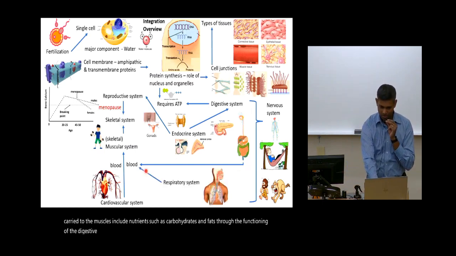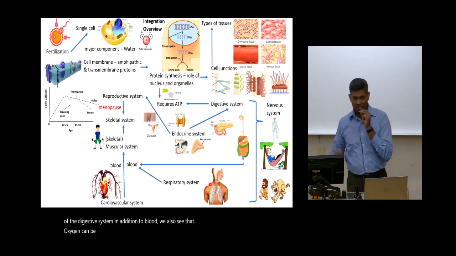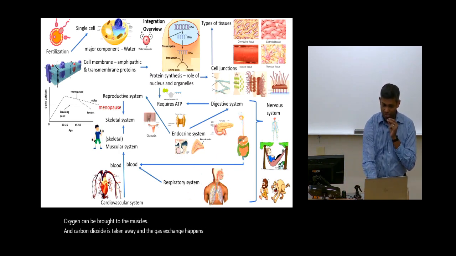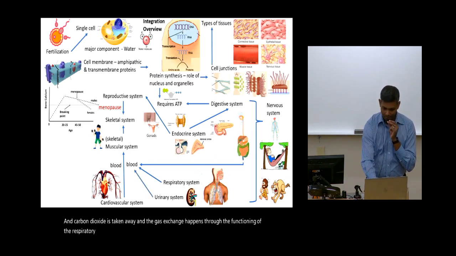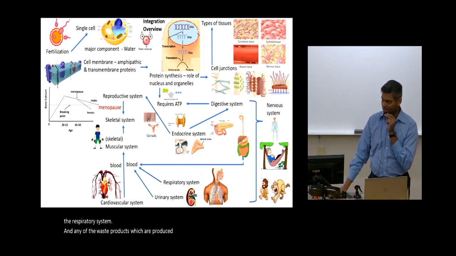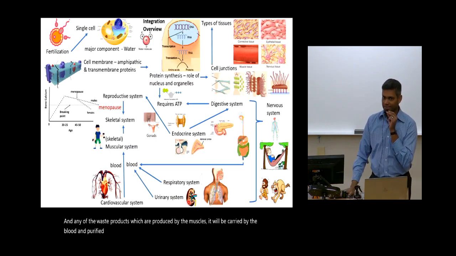In addition to blood, we also see that oxygen can be brought to the muscles and carbon dioxide is taken away, and the gas exchange happens through the functioning of the respiratory system. And any of the waste products which are produced by the muscles will be carried by the blood and purified by the urinary system.